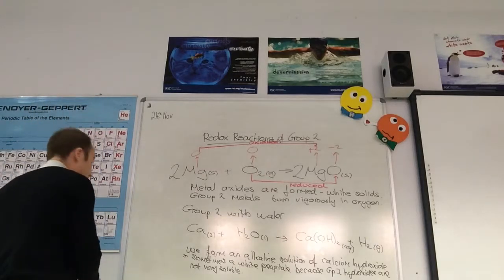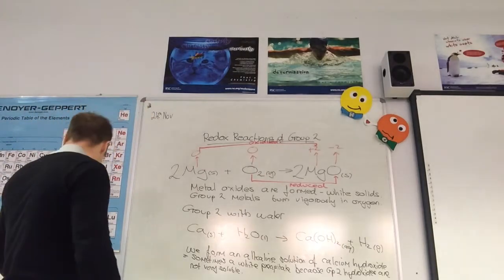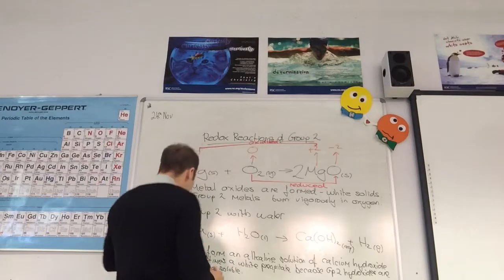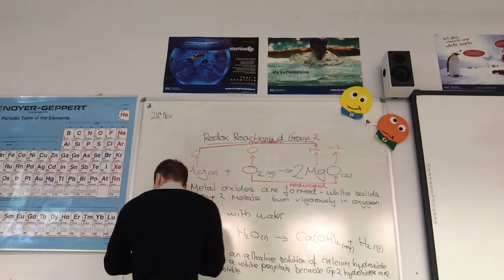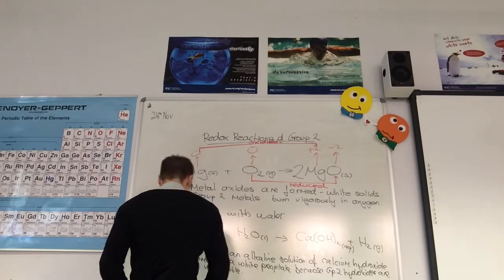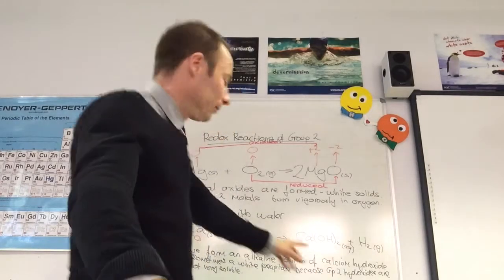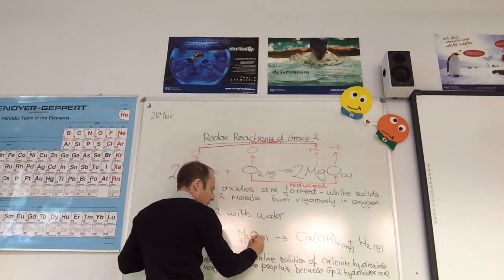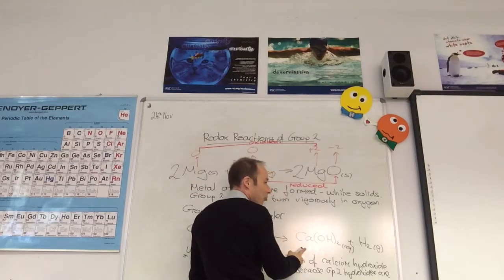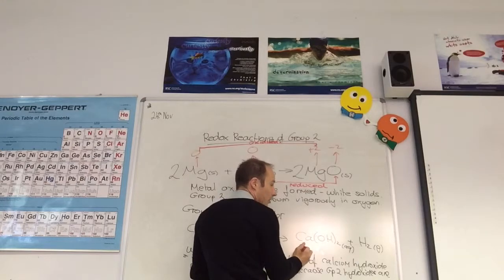Let's do our oxidation numbers again, just to make sure I'm not lying to you. So, calcium solid, 0. Hydrogen in water, +1. Oxygen, -2. Brilliant. Calcium in calcium hydroxide, +2.